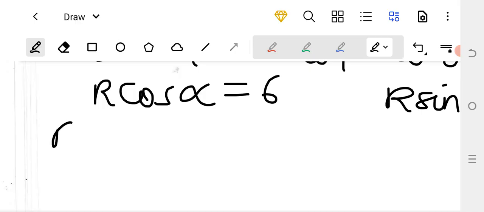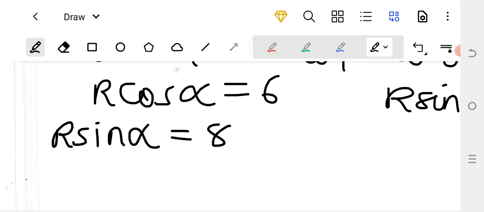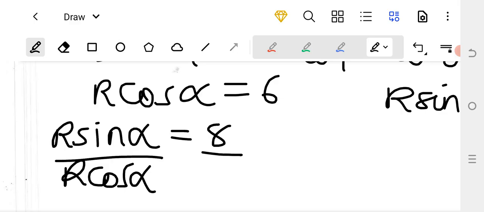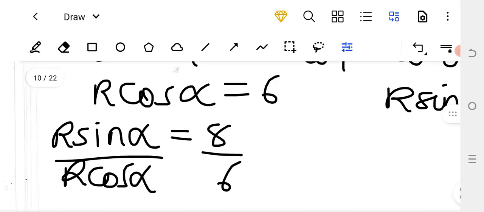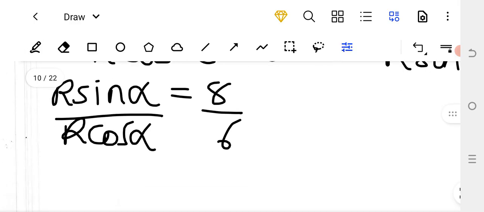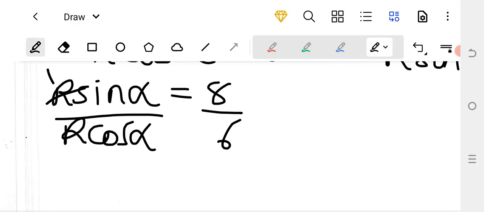So I'm going to say r sine alpha divided by r cos alpha is equal to 8 over 6, like that. Then since we know the value of r, we can just say r into itself is 1, r into r is 1. And then we can simplify this. 2 can go into 8 4 times, 2 can go into 6 3.